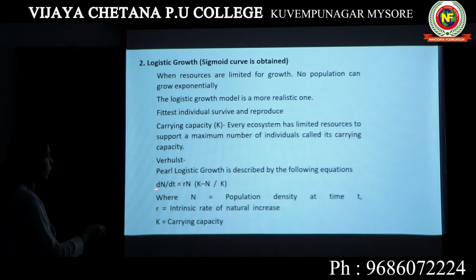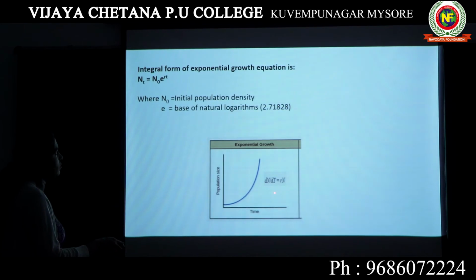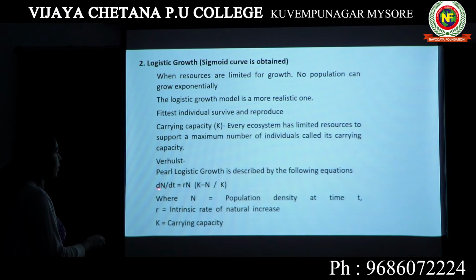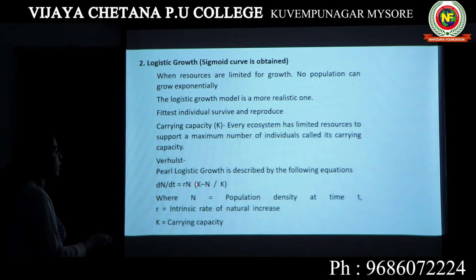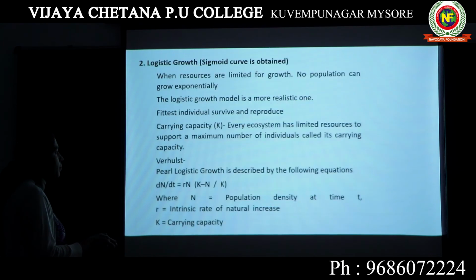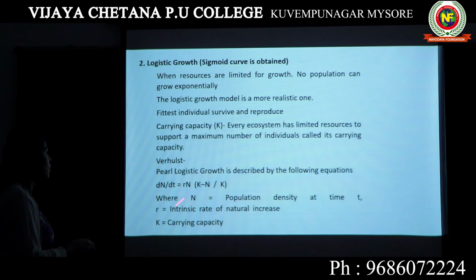If you look into this equation, it is the same as the exponential equation, dN by dt is equal to rN. However, we have an addition here, K minus N divided by K. N, as you all know, is the population size at time t. r is again the same, the intrinsic rate of natural increase, which indicates B minus D. Here we have the addition K, the carrying capacity.